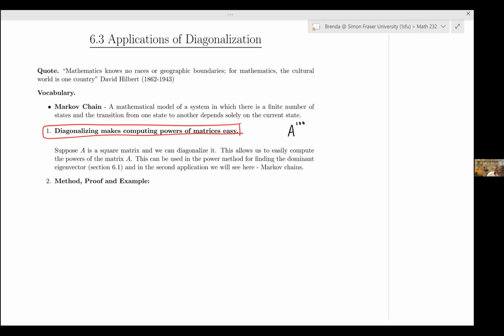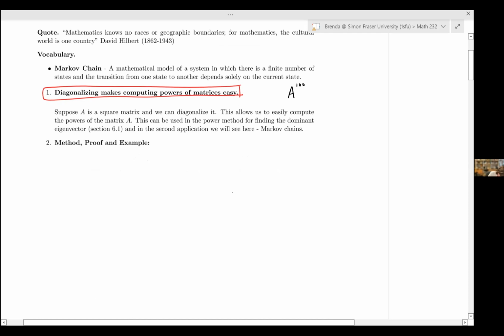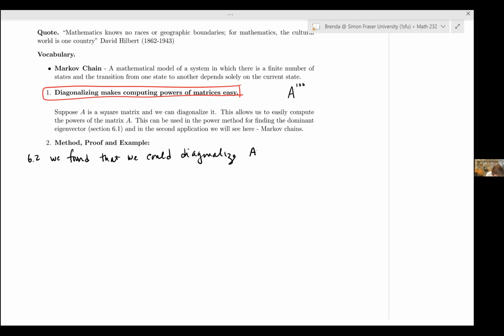So what we found in the last lecture, 6.2, was that we could diagonalize A. Keeping in mind A is the matrix that we wish to take the powers of, we found we could diagonalize A in this manner.